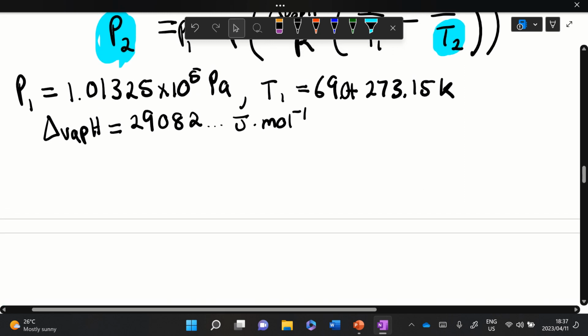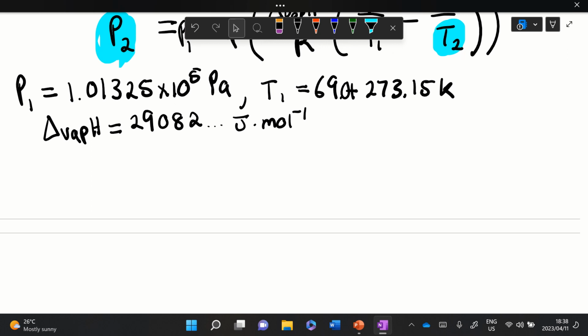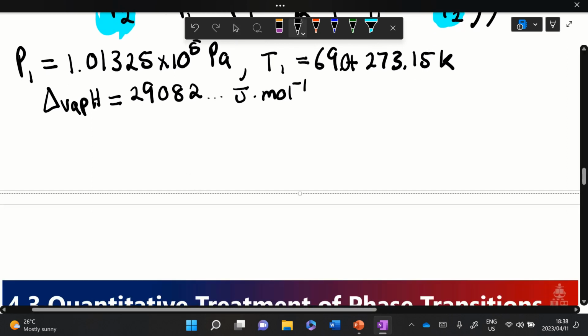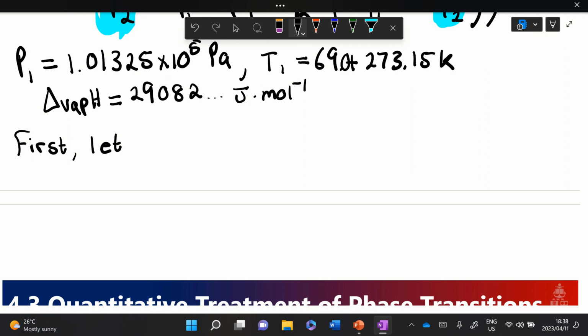And yeah, I think that's everything that we need. But in this case, we first let T2 equal to 25 plus 273.15 Kelvin. Okay, so we first do the calculation for the 25 degrees Celsius.